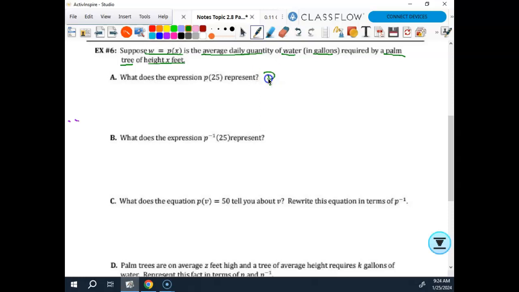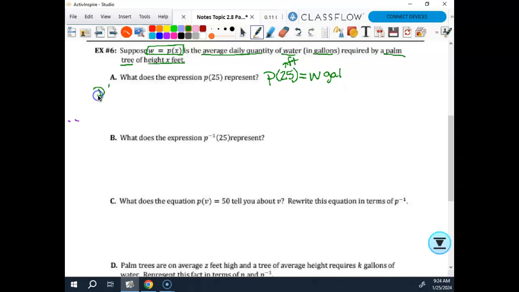So yeah, there's a P of 25, and from this right here, I know that it would equal W. Like I don't have an actual value like I did up there. That's okay. What are the units on 25? Feet. And what are the units on the W? Gallons, right? So P of 25, if I found that, it would give me a number that represents gallons, right?